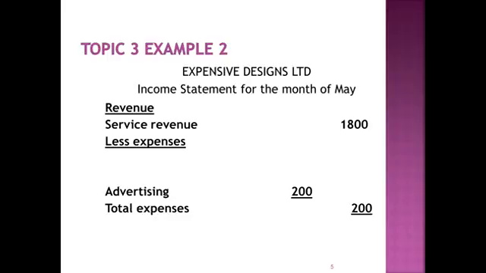So advertising expense of $200, total expenses is $200. The profit is calculated by taking the revenue minus the expenses, so the net profit for the month is $1,600, and that agrees with the total in our income statement column on the transaction analysis worksheet. Okay, so that's our first financial statement.